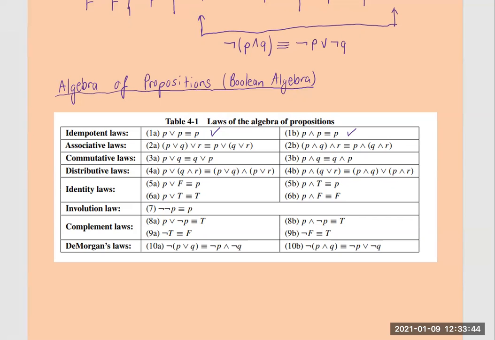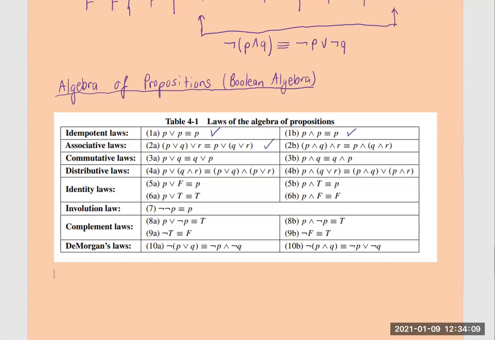And we have associative laws as P or Q in parentheses or R is equal. First you take the Q or R, then you do the OR operation with the P. Here are the equalities.